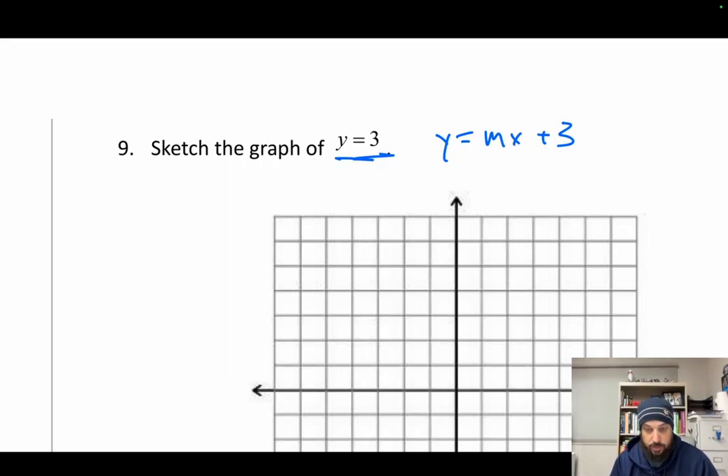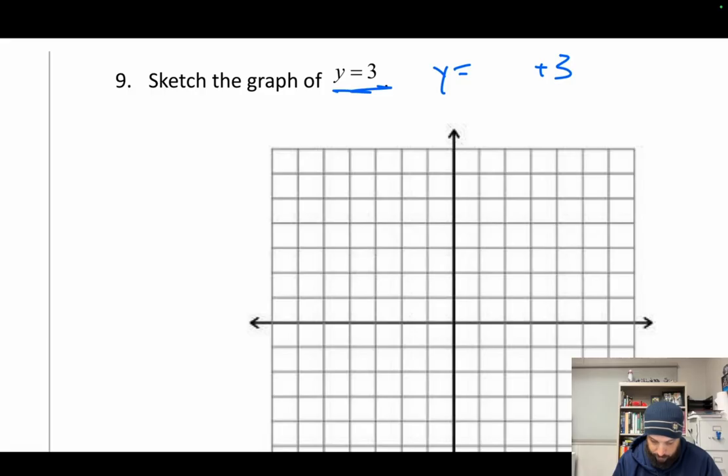What times x would make the x disappear? Well, if m was 0, 0 times x would then be 0, so then that would go away, and we're left with just y equals 3. So our m is 0, our b is 3, so our y-intercept is 0, 3.